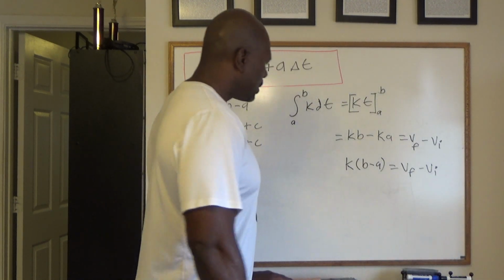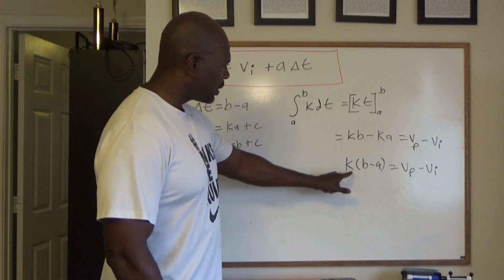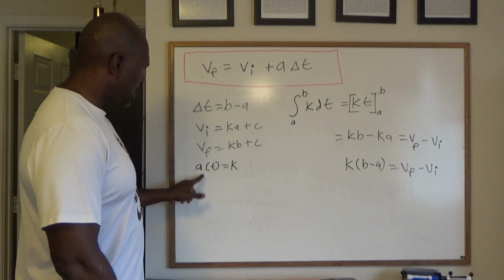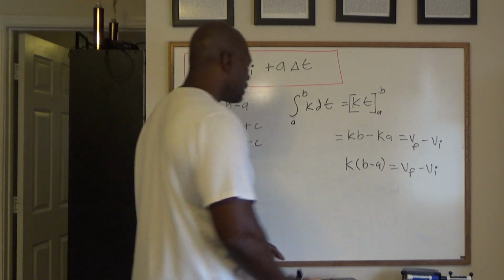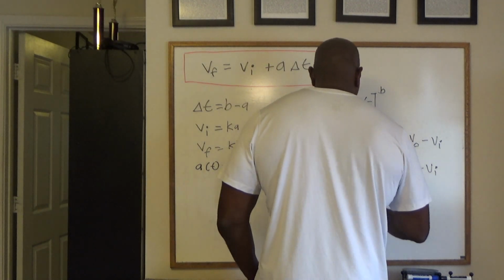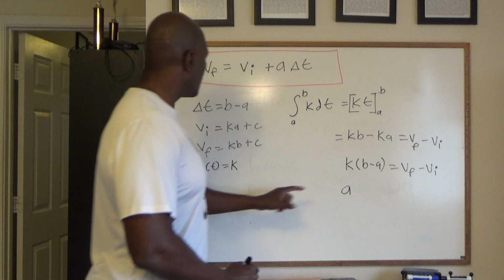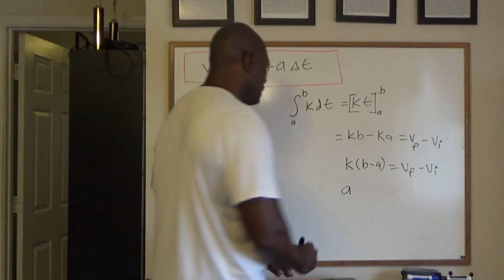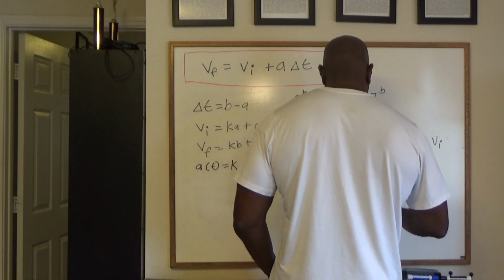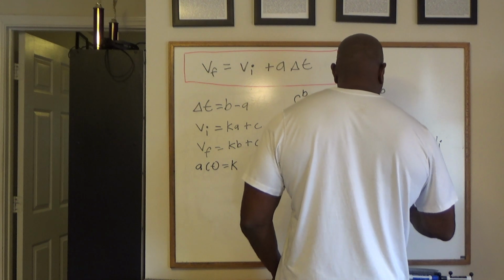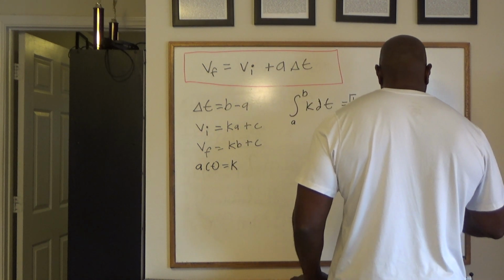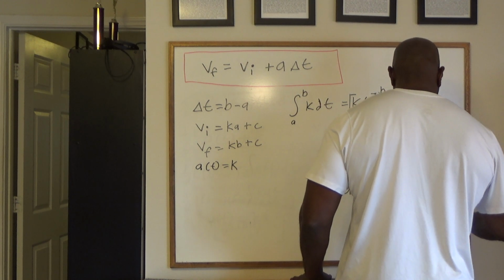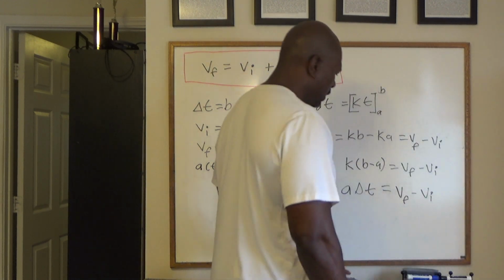Okay, so what's k? Well, k is the acceleration function. So that's acceleration in the physics formula. What's b minus a? b minus a is delta t. That's the delta t in the physics formula. And of course, v sub f minus v sub i are already in the physics formula.